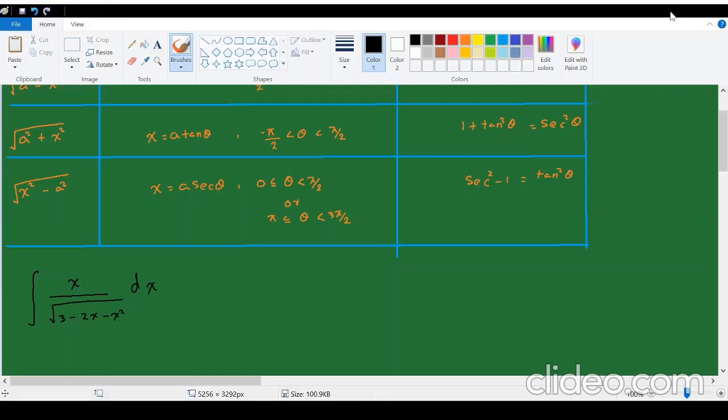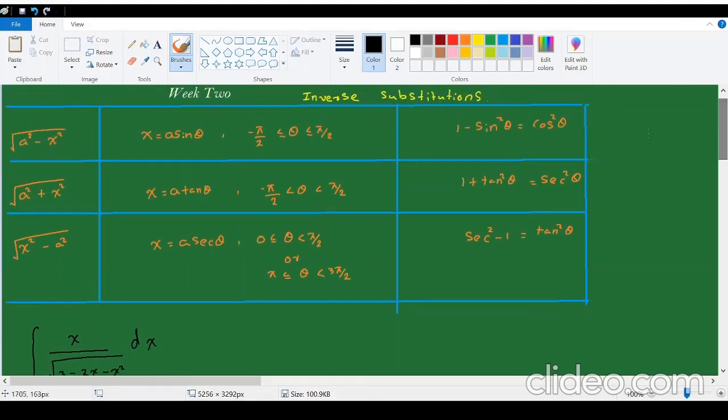In this last question, we can see that although you have a square root in the denominator, it is not directly associated with one of these three categories, right?